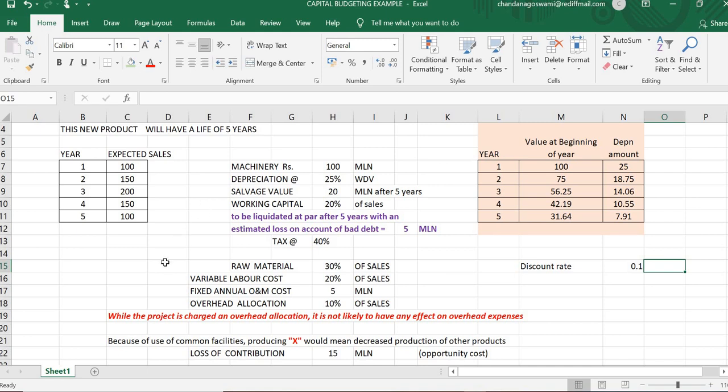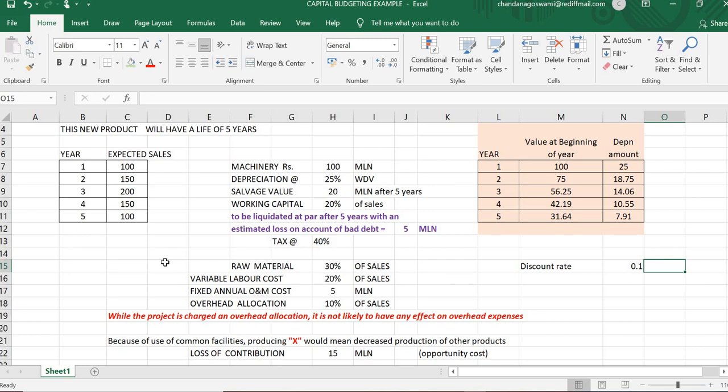You are also told that raw material is going to be 30% of sales, variable labor cost 20% of sales, fixed annual operating and maintenance cost is 5 million, overhead allocation is 10% of sales. This line in red color is important.